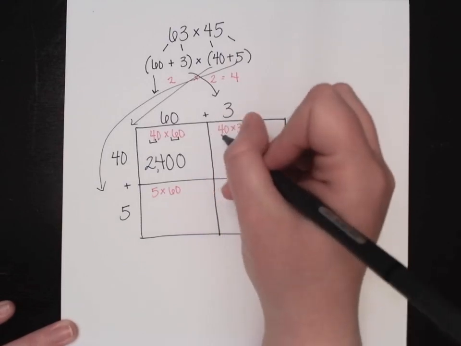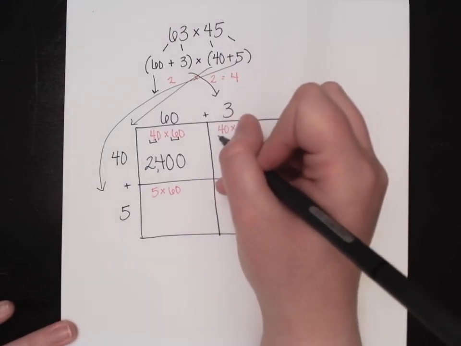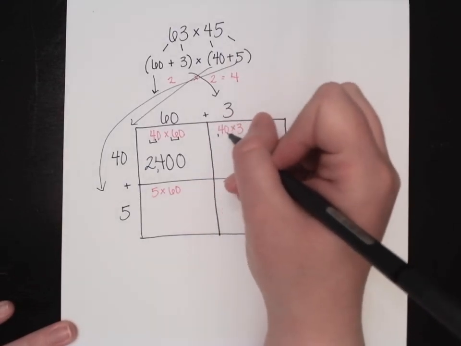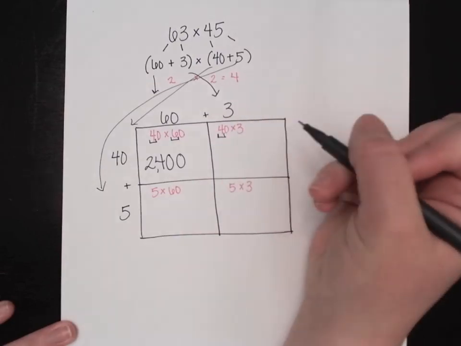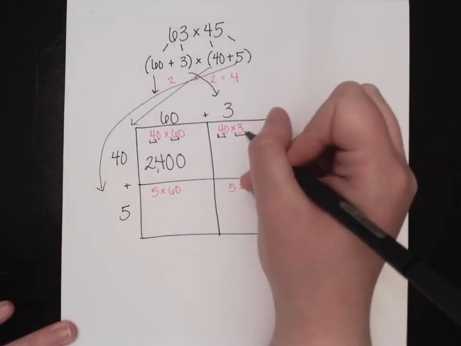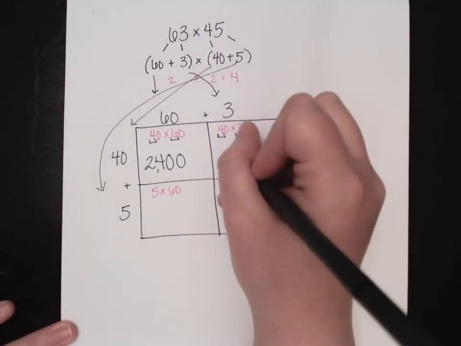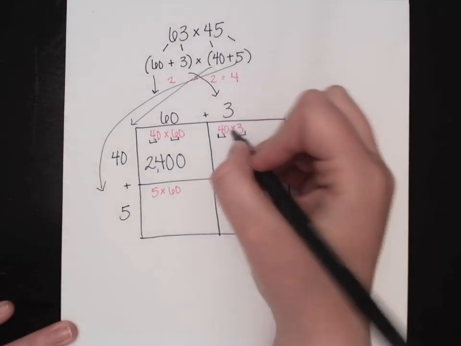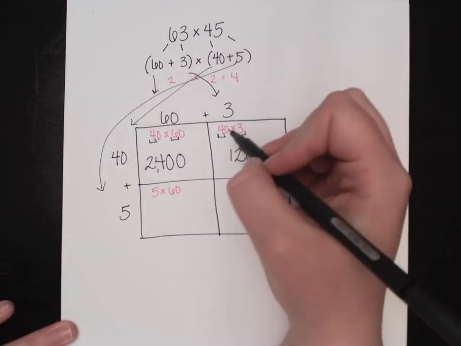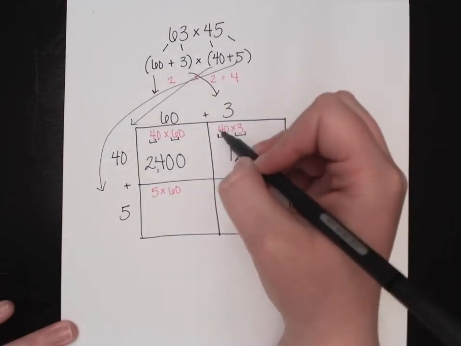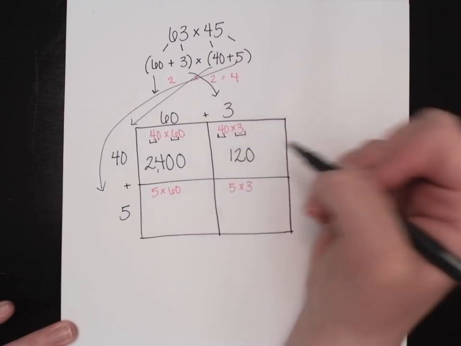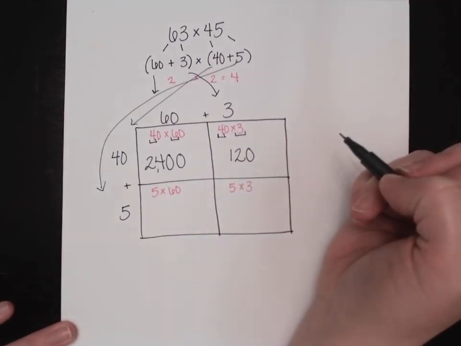Now on the right, I can do this the same way. Since 40 is just 1 digit followed by a 0, I would say 4 times 3 equals 12. Then I add that 0. So 4 times 3 equals 12. 40 times 3 equals 120.